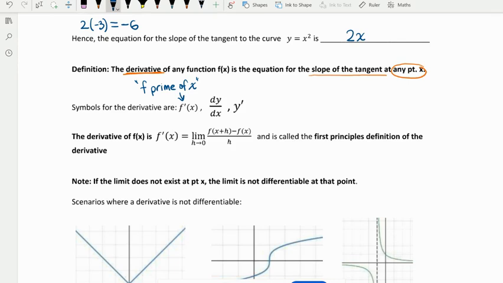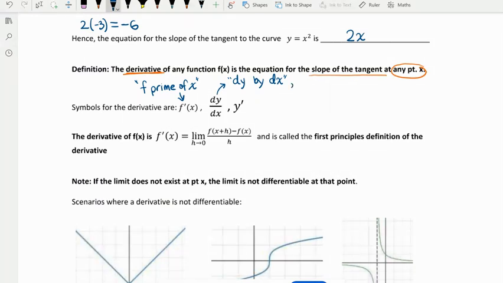You can write dy by dx, almost like a fraction there, I guess. So we read it dy by dx. This just means it's like change of y, like delta y, over change of x, like delta x.